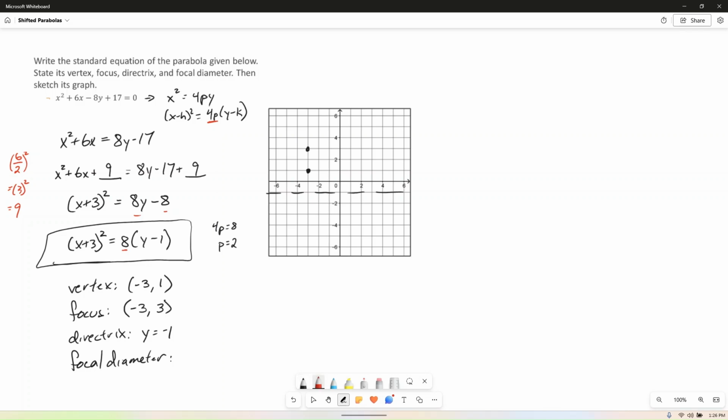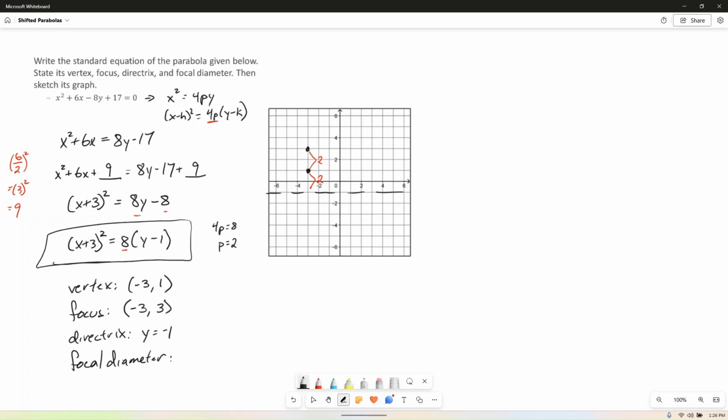So again, just looking at the graph, the distance from our vertex to our focus is a distance of 2, and the distance from our vertex down to our directrix is also a distance of 2. And that's what it's supposed to be because our p-value is 2. Right? And I know, again, the focus has to be above it.